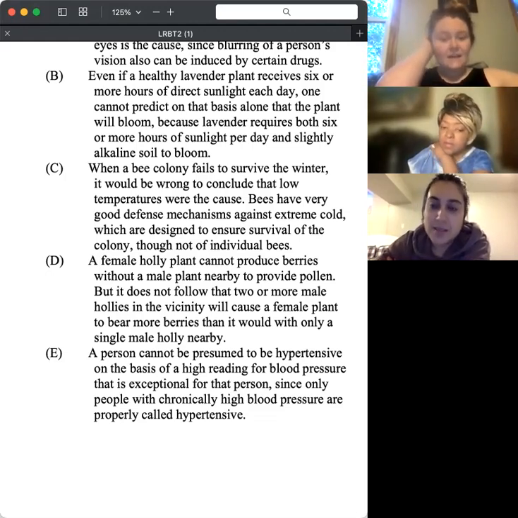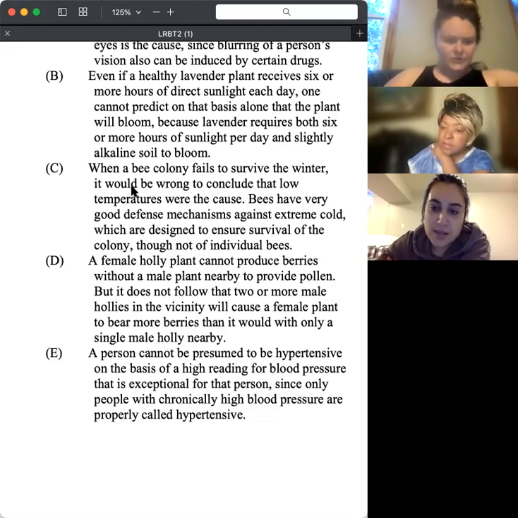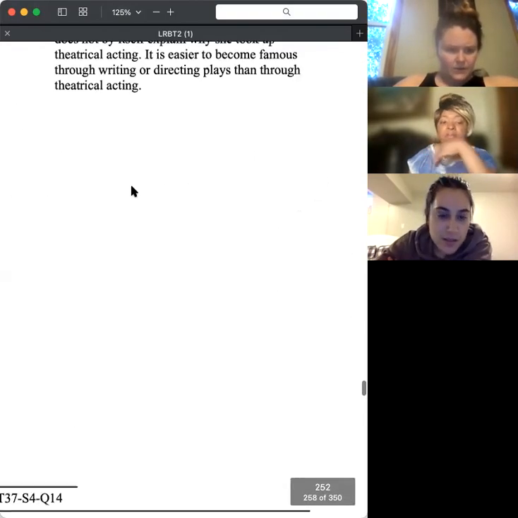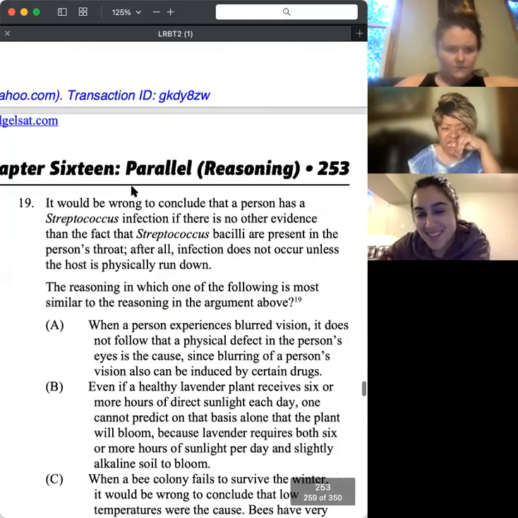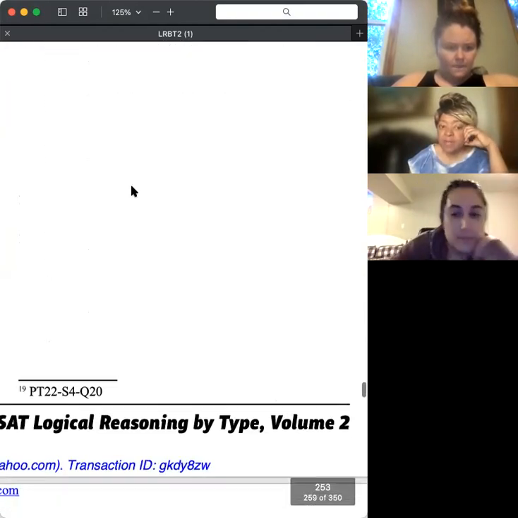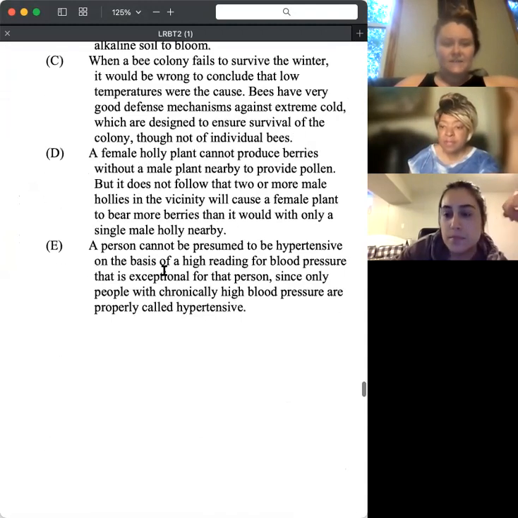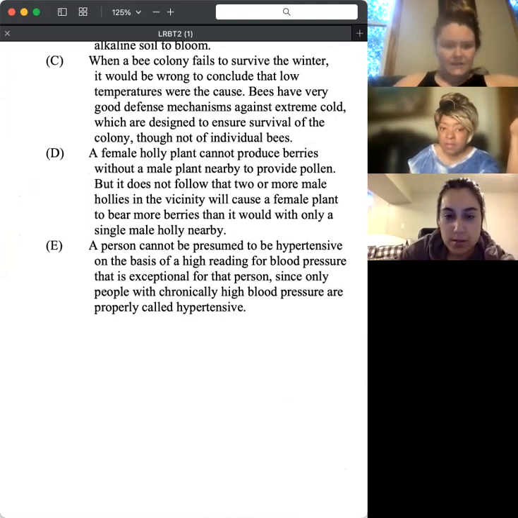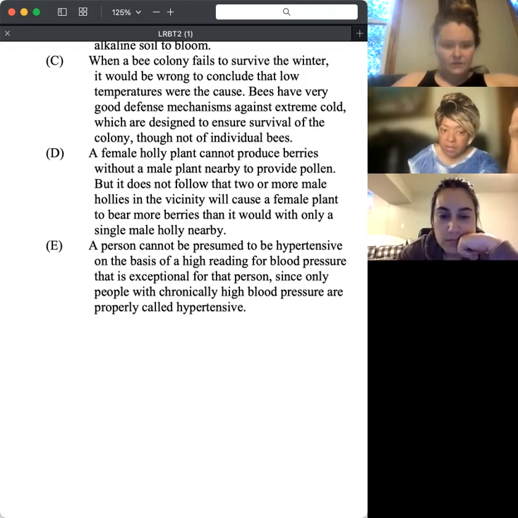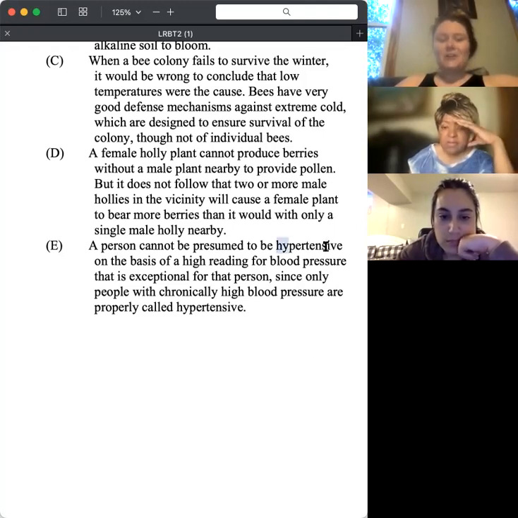Yes, and there's another reason why this one's wrong. A person cannot be presumed to be hypertensive on the basis of a high reading for blood pressure that is exceptionally high. Oh yeah, the hypertensive part is wrong.